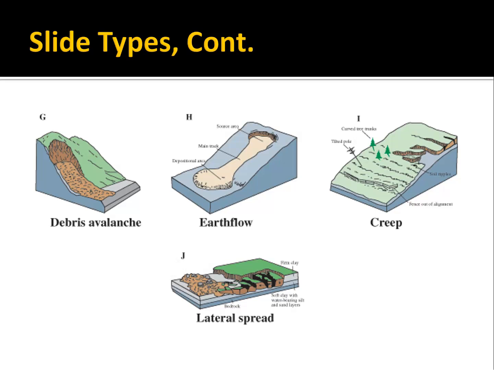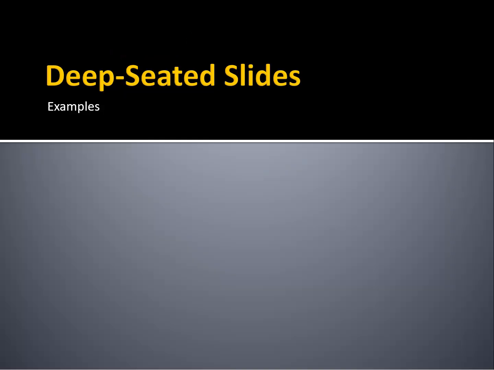It used to be that the highway would bulge occasionally because of this slow-moving landslide, and they'd have to go in and fix it. And a lateral spread is just another type of lateral flow. This also often occurs due to liquefaction. It's the same with an earth flow. So that's just an overview of a number of common types of slides.